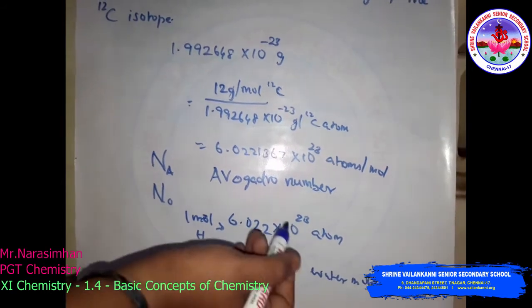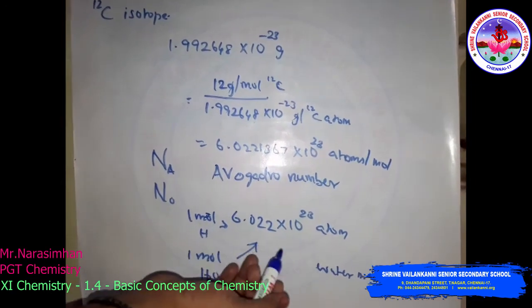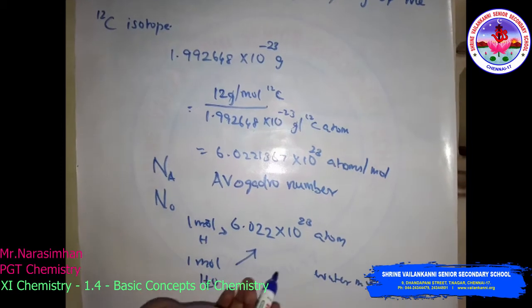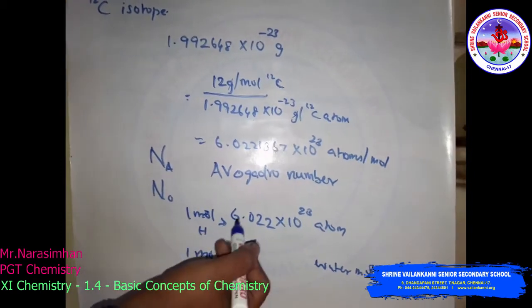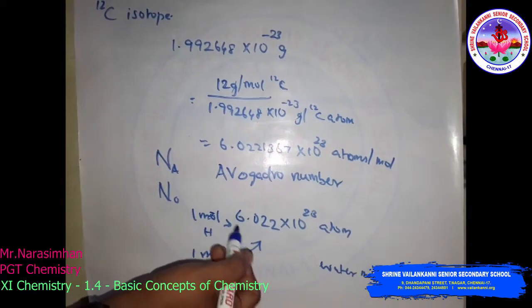So the mass of 1 mole of a substance in grams is called molar mass. I repeat, the mass of 1 mole of a substance in grams is called its molar mass.